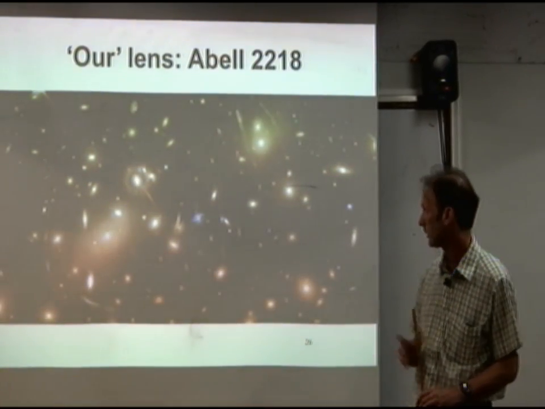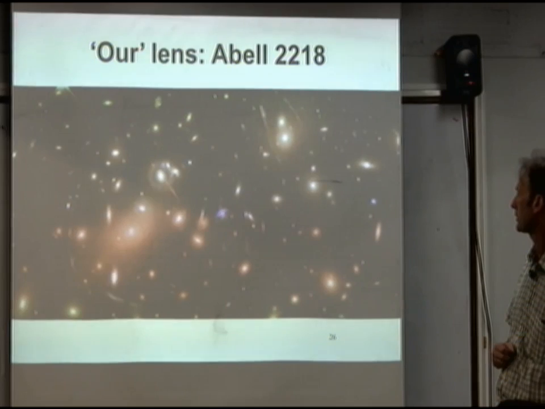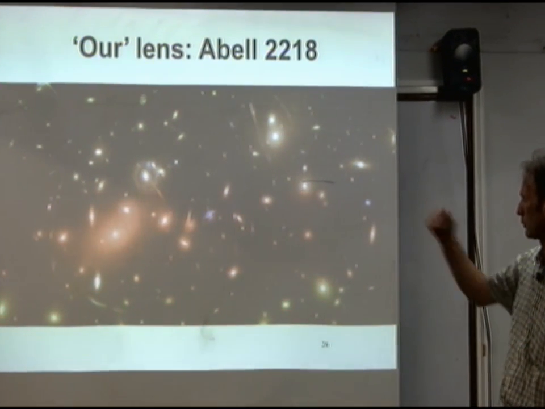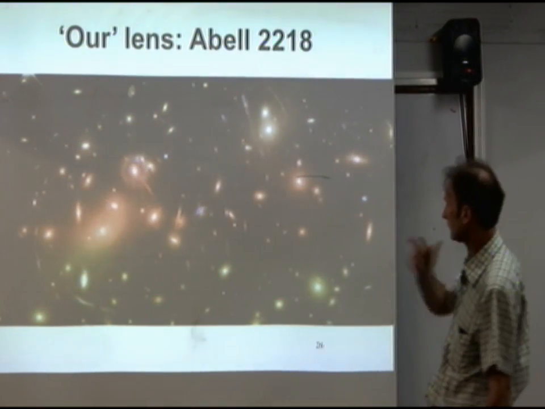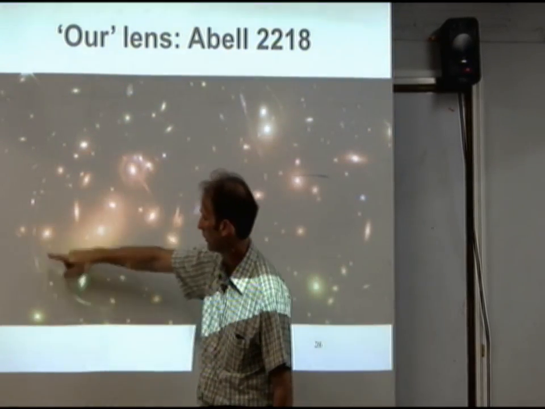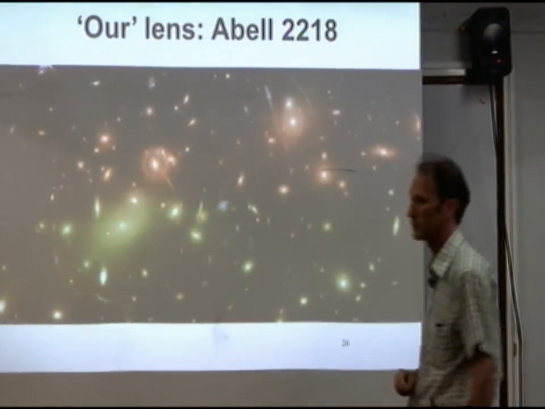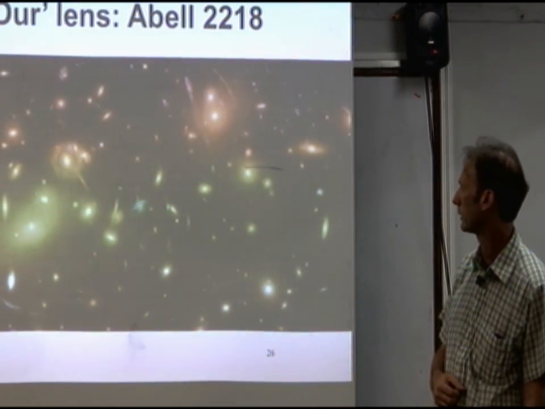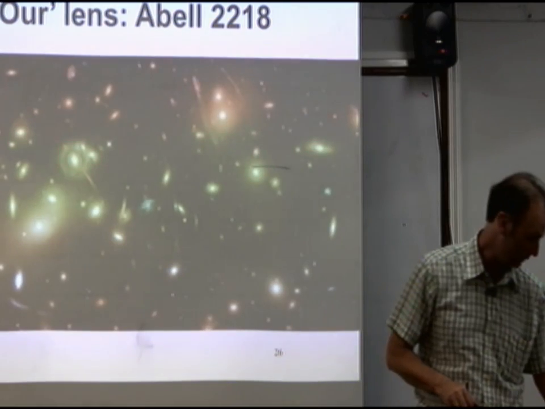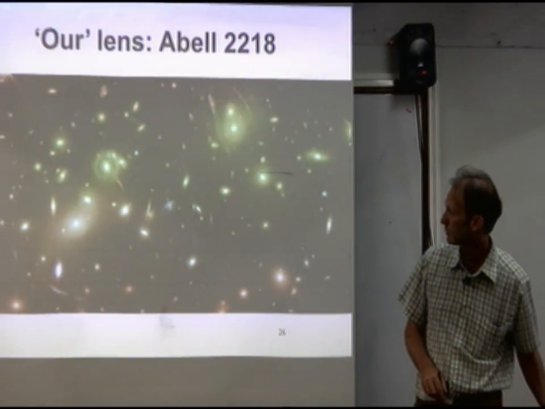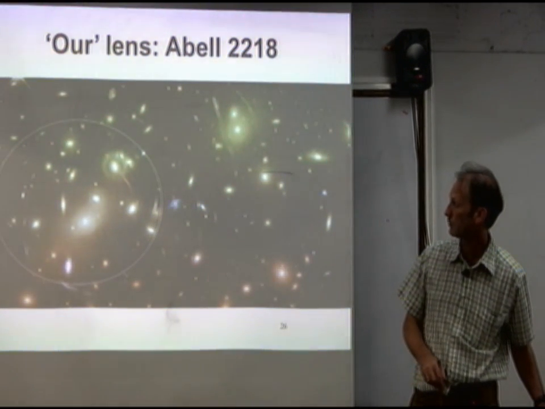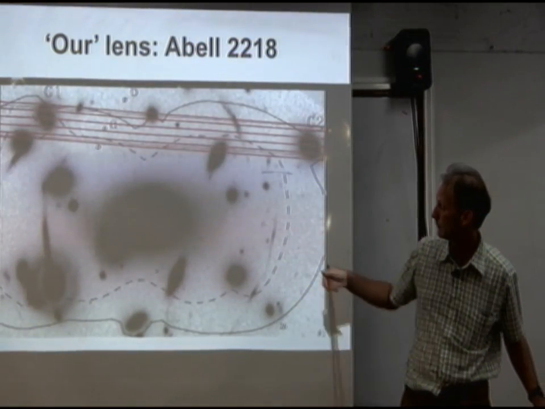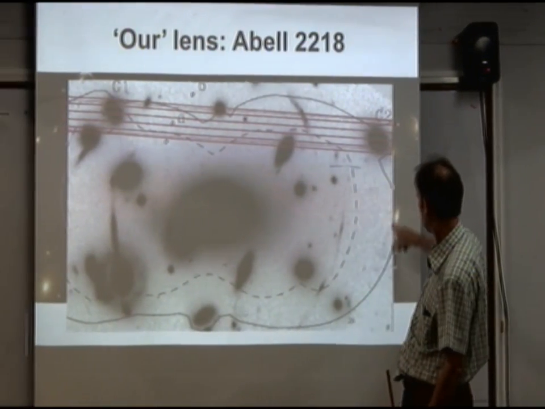Very, very faint. So let me show you how we found this. We started off again with one of these projects where you pick the best clusters that you can to look at the critical curve. So this cluster clearly is a very strong lensing cluster. There's lots of arcs everywhere. So it's a lot of surface mass density, a lot of strong lensing going on. And if you're targeting a particular redshift, you can work out what the critical density is, and therefore what the critical curves are, and that's what this line here is.